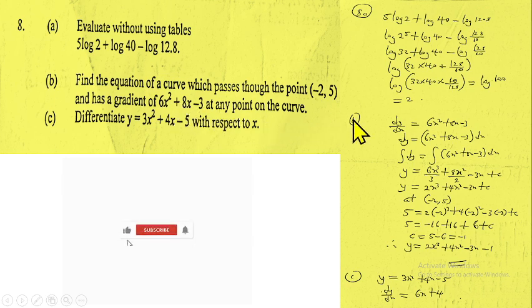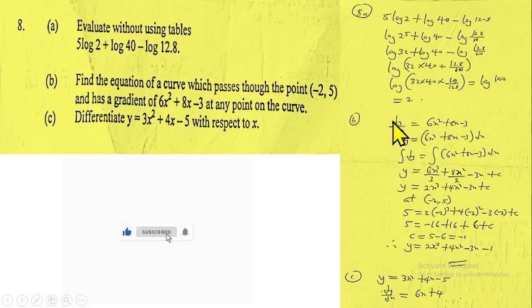So they want us to get that equation back. So that's the question. And you are very lucky that you have been given the gradient of the curve. That means when they differentiated that curve, they got this. So what you do is write this to be dy dx, because gradient means differentiation as well.